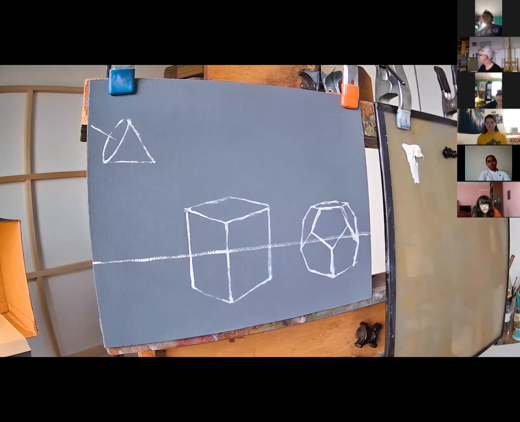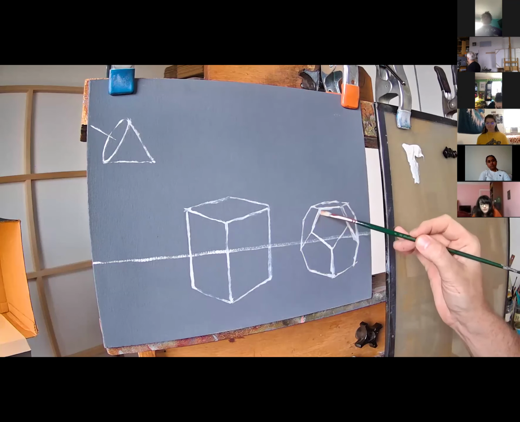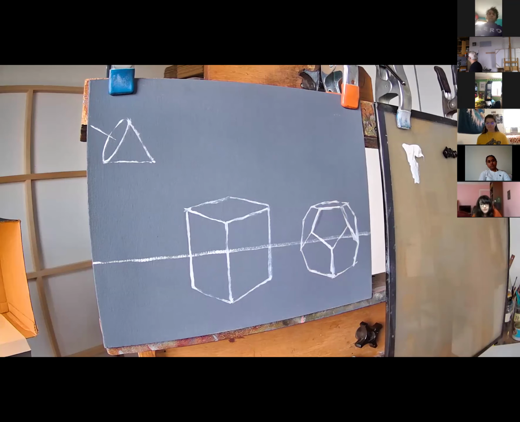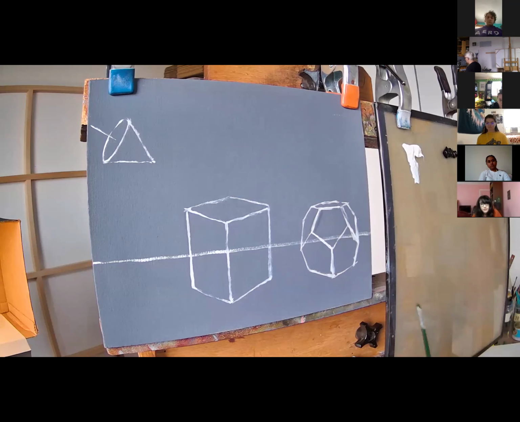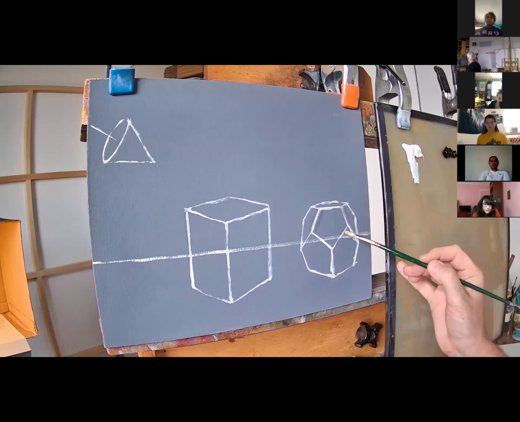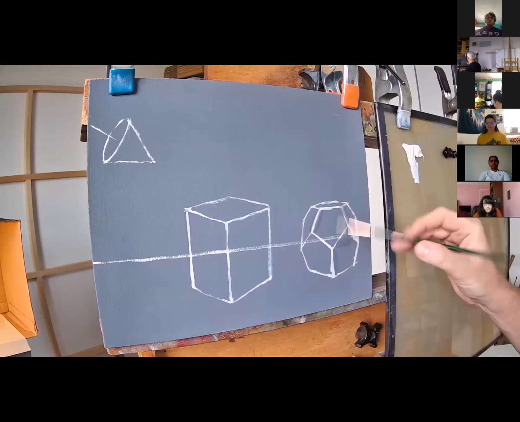So, thinking about what we talked about a few minutes ago, we talked about what a plane is, and then we talked about how we can apply that idea of planes to the painting of three-dimensional objects in space.